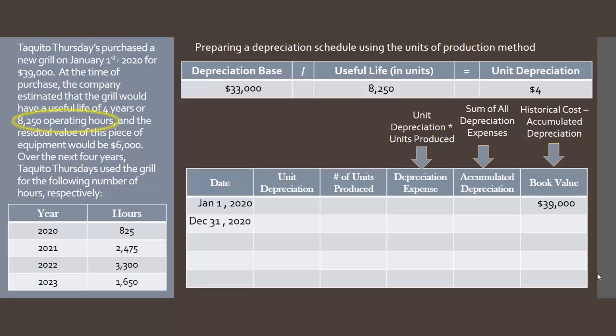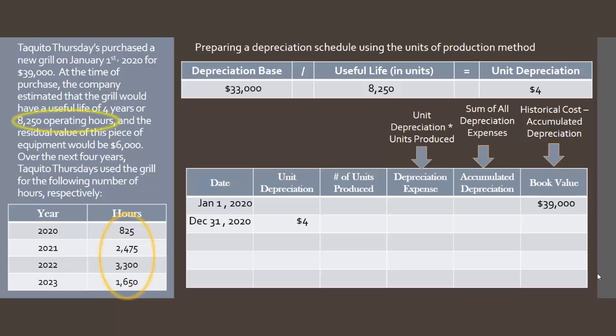At the end of the first year, we're going to record all of the depreciation for that year. So to do so, we're going to need our unit depreciation. Well, we just figured that out. It's $4 for every hour we use the grill. How many hours did we use the grill during 2020? That's where this table comes in.